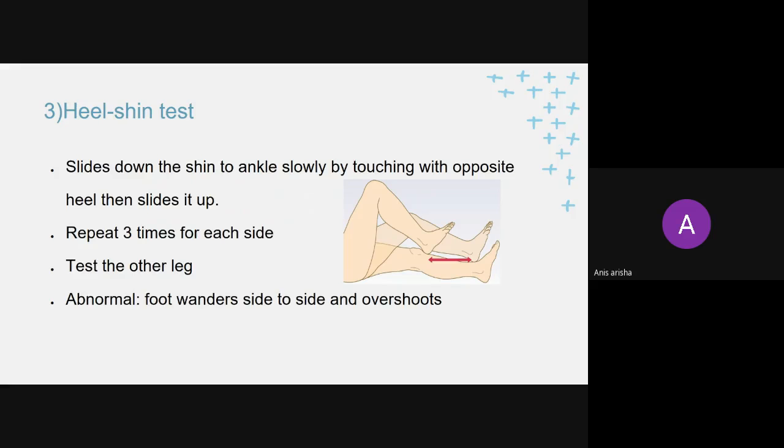After that, slide the shin up, which we need to repeat for 3 cycles for each leg. Next, we test the other leg. If abnormal, the foot will wander side to side and overshoot.